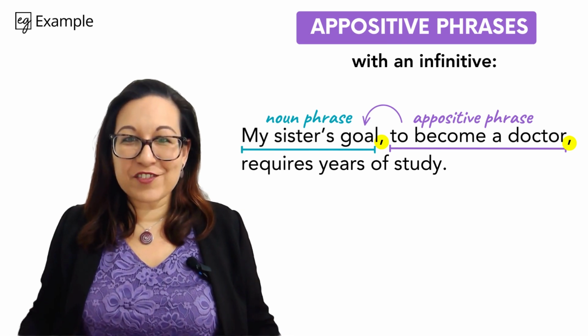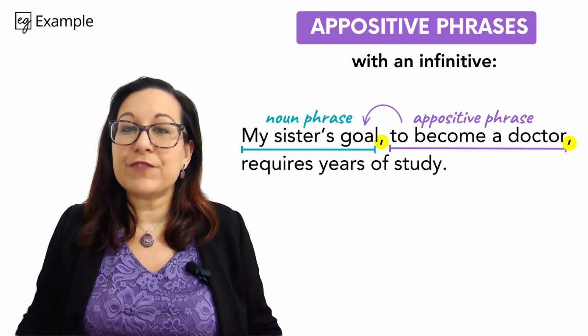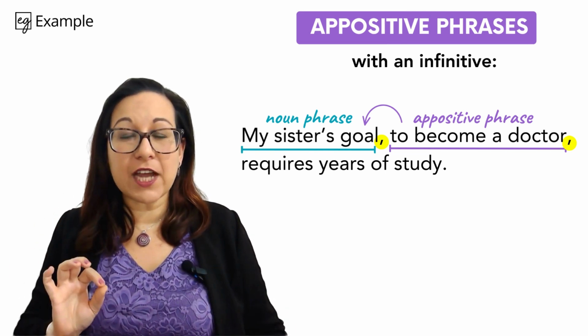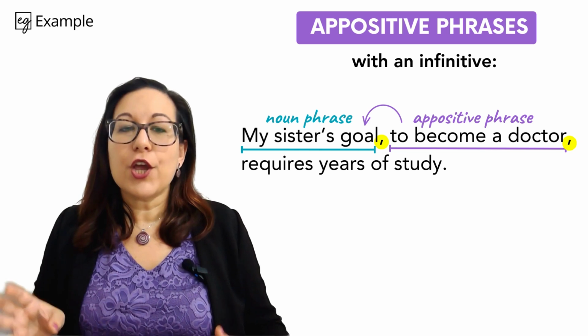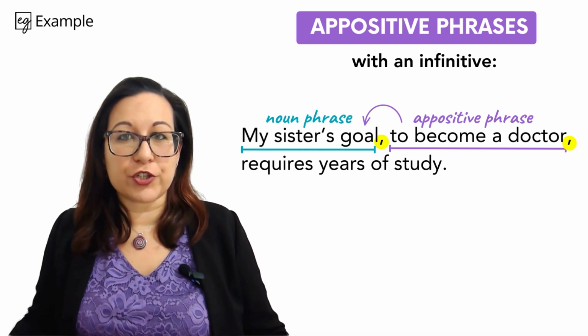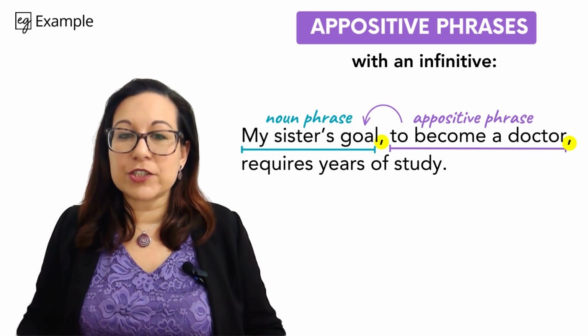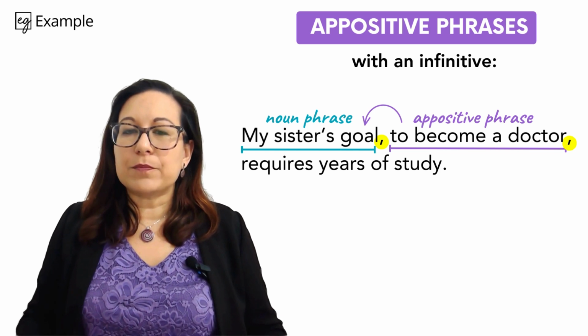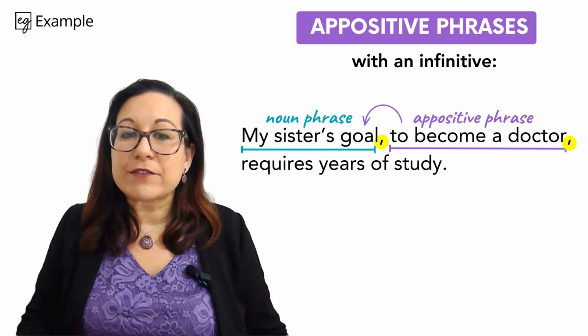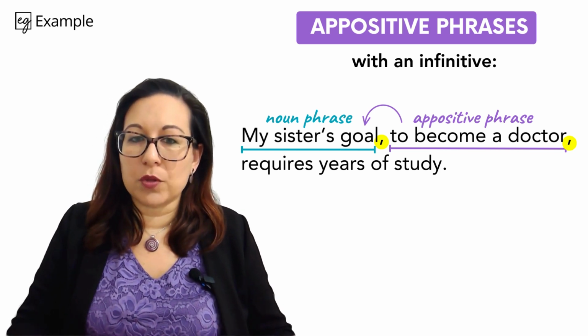And the last structure that can be used is an infinitive phrase. We haven't talked about these yet, but I am going to cover them in a later video. So my sister's goal to become a doctor requires years of study. Now, we are not conjugating the verb here, but we are giving more information about that goal.